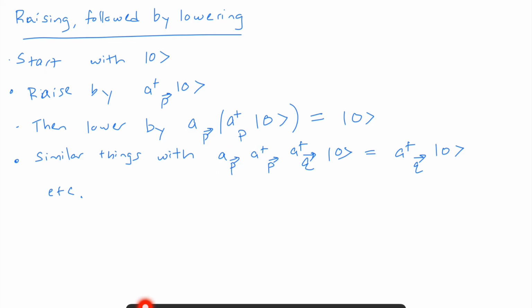So that's going to knock out this one, and I'll get something like a dagger sub q acting on 0. Again, I'm not taking note of any potential numerical constants here, but that's okay for what we're doing right now. And you can pick any different combination. It's a neat little mathematical thing that happens with these a's and a daggers. And again, they all start from one eigenstate and put you in another eigenstate of H.